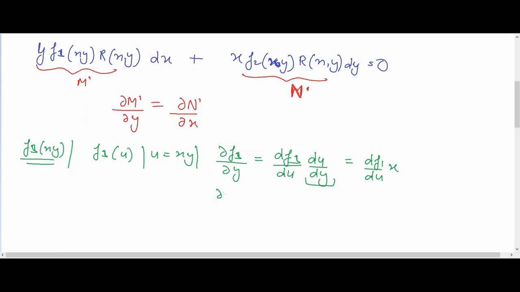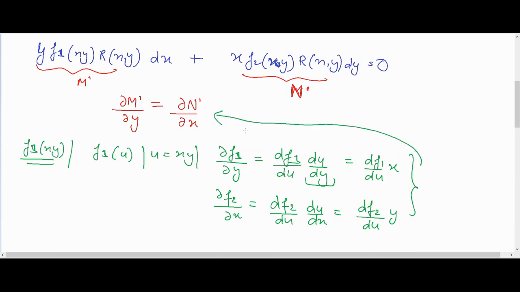And similarly, when we take derivative of f2 with respect to x, this will become df2 by du and du by dx, which will be df2 by du times y, right? So I already told you these things because we are going to use this in this derivative.